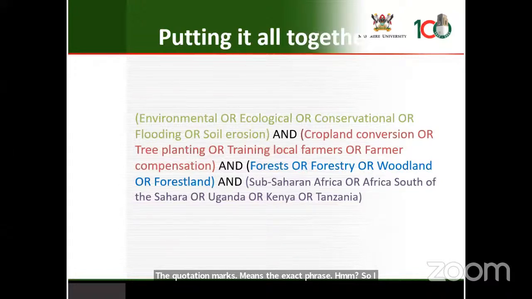If I want, for example, the words sub-Saharan Africa to come as that, I can just put the quotation marks so that the system looks at it as one phrase. So it will select from those studies where sub-Saharan Africa comes as one phrase. Of course, there you are limiting. I did not mention that.